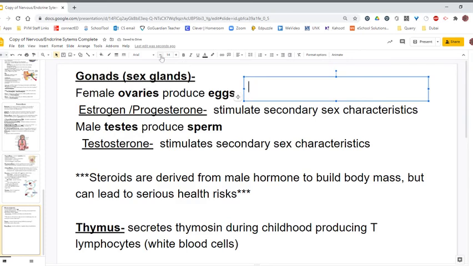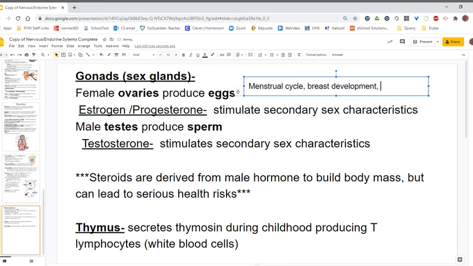So we're going to include in this list the menstrual cycle, breast development, the hips get wider, and you'll have body hair. I think that sums it up. I think that's all of them as I'm trying to do this quickly for you.